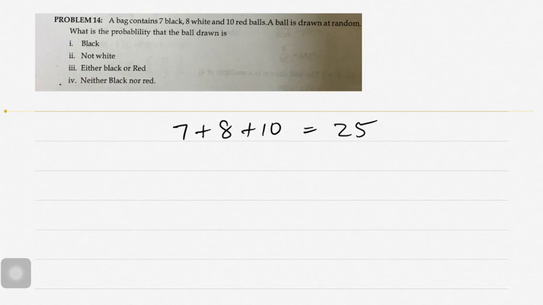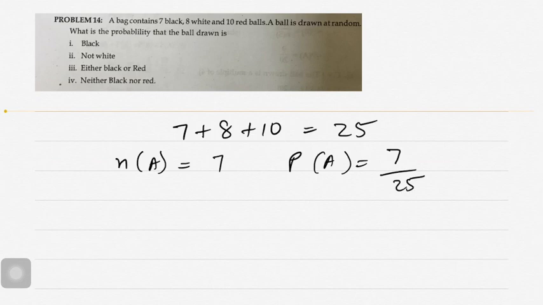Correct? So your event A is that the ball is black in color. So there are 7 black balls. Correct? So your N of A is 7. Right? So your P of A will be 7 by 25.